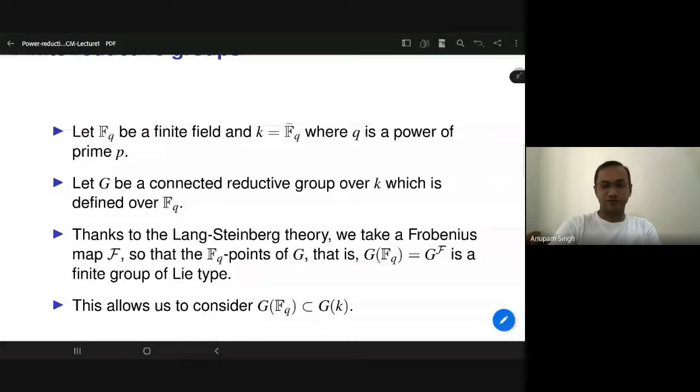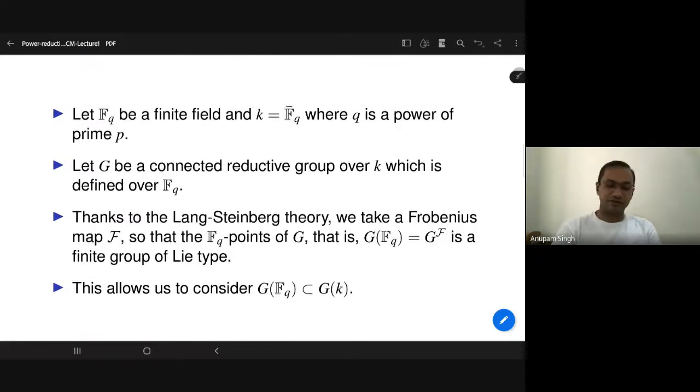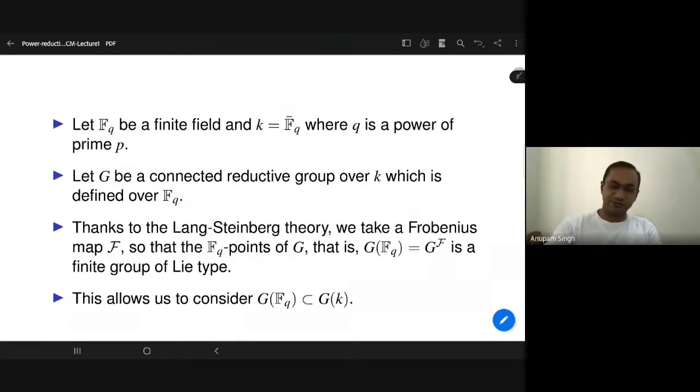I will write G^F or G(F_q). There is a reason why we choose this notation. I can think of the F_q points of G to be sitting inside G. So I can go to the algebraic closure for an element, and I can think of the elements there and things like that. So that's the advantage of fixing this kind of notation here.